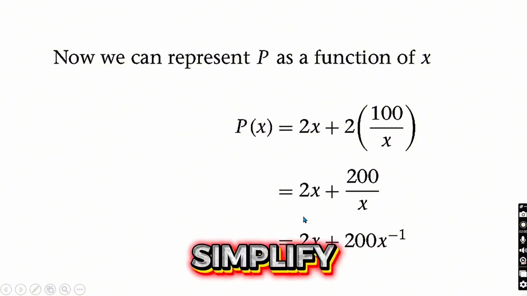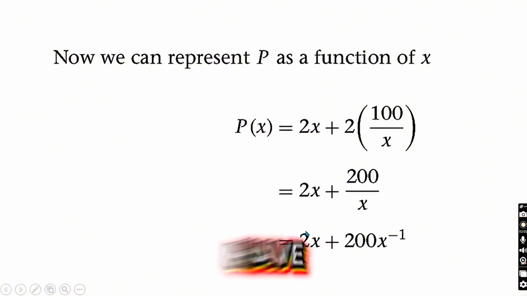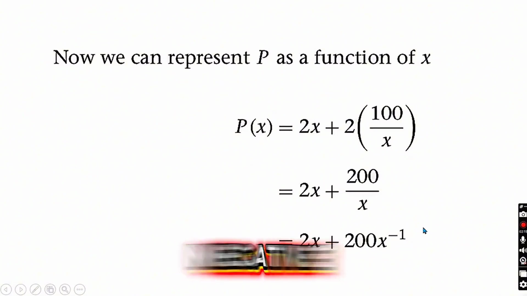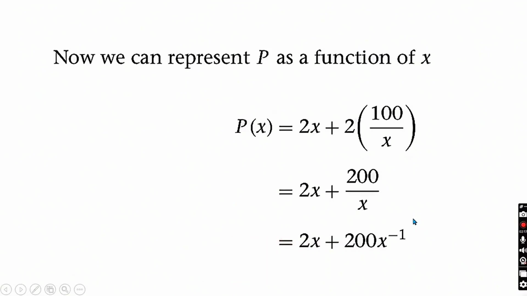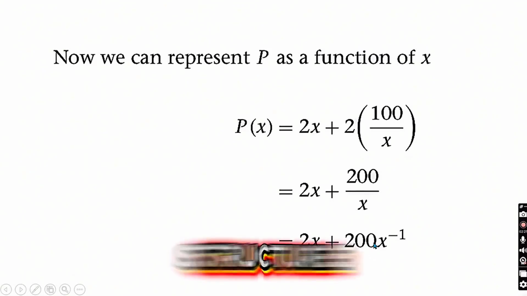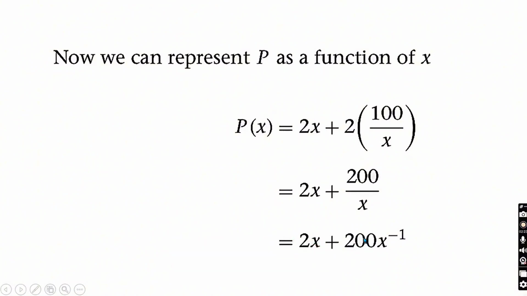Then simplifying, we have 2x plus 200 over x. This can also be written as 2x plus 200x raised to the power of negative 1. We will use this structure so that it would be easier for us to find the derivative.